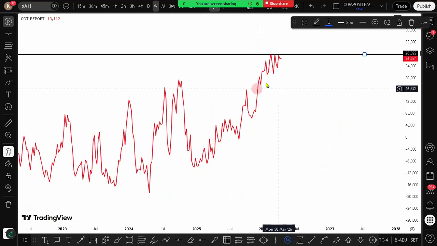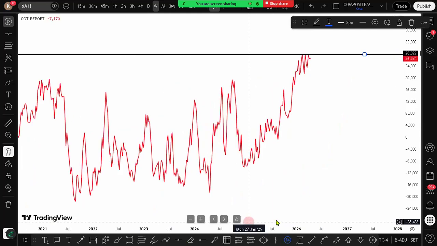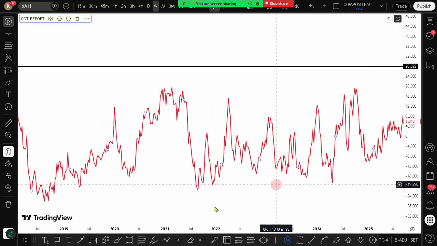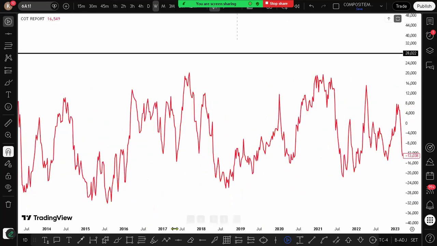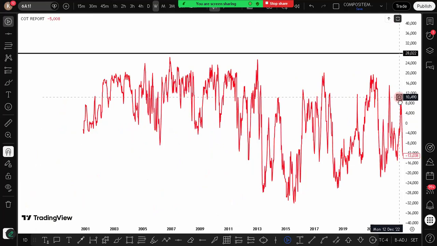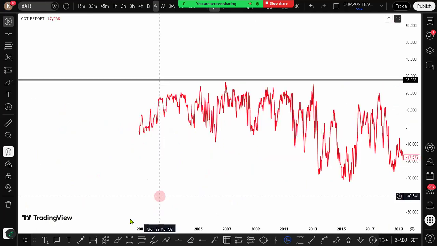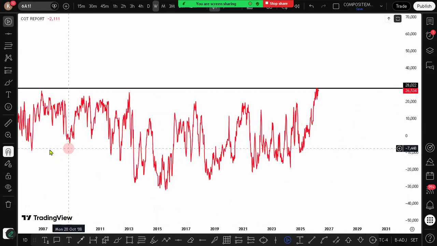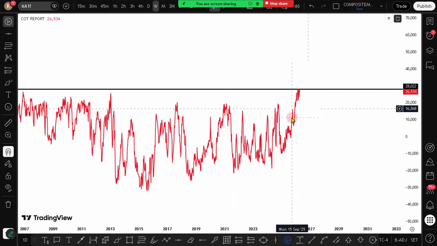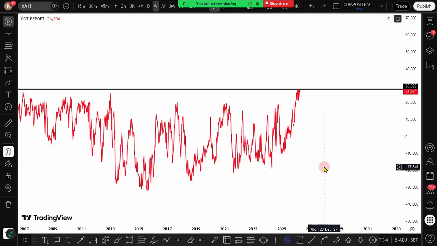So if we look at this high and you look back at their behavior, all the way up to 2001, retailers have never been bullish like this. These guys are at their all-time high.